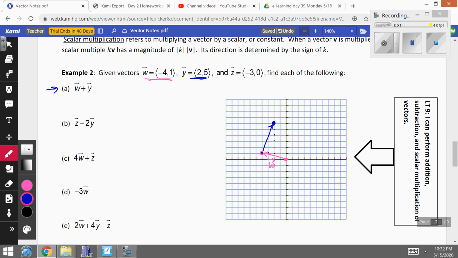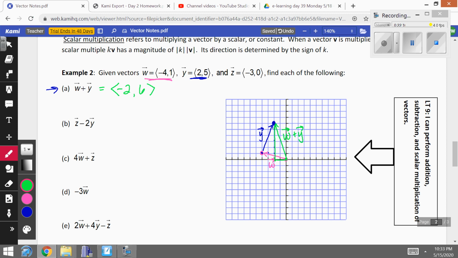Notice from the terminal point of vector W, I added on this vector Y. So now really this is our resultant vector going like this. So this is vector W plus vector Y. So we can count this here. So from the initial point here, it went to the left 2, and it went up 6. So this is our component form there, okay?